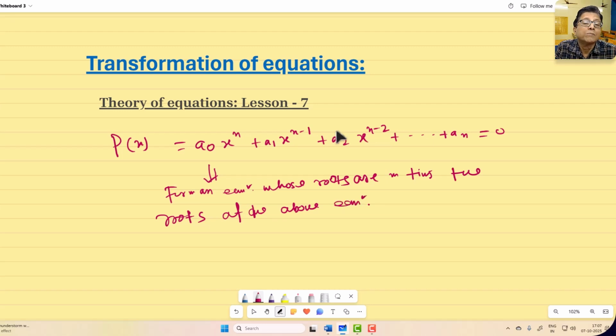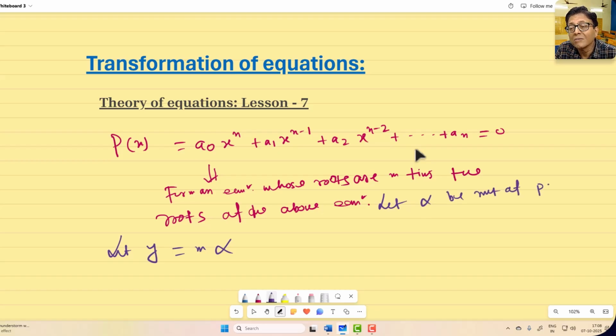How to proceed? You will take the help of another variable and frame the equation in terms of that variable. The variable for this one is x. Let the variable of the new equation we are going to form be y. Let y equal m into alpha, where alpha is a root of p(x) equal to 0.